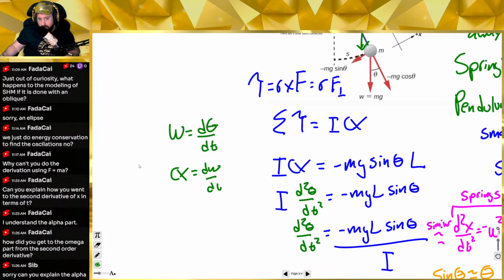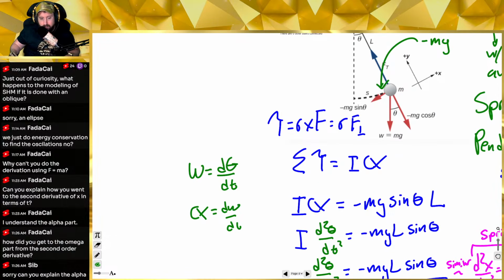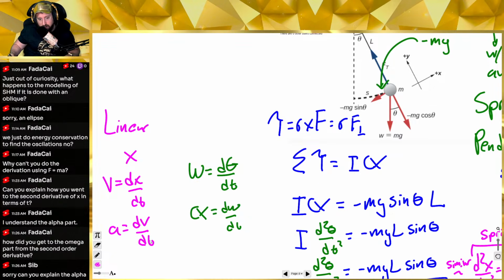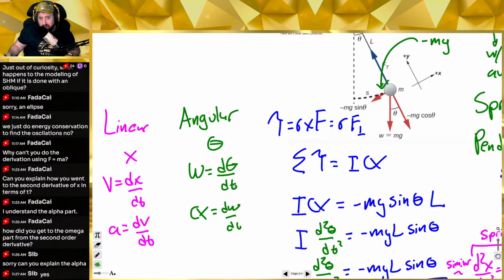And then, similar to what we have in linear, let me do things in pink like linear. So linear, you had x, right? And then you had that v was equal to dx dt, and that a was equal to dv dt, right? And then in angular motion, you have theta representing position, and then omega is d theta dt, and then alpha is d omega dt.